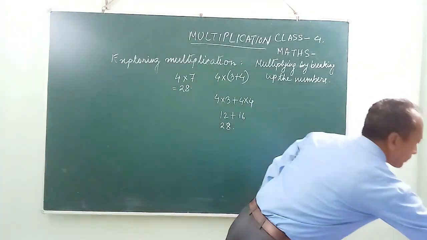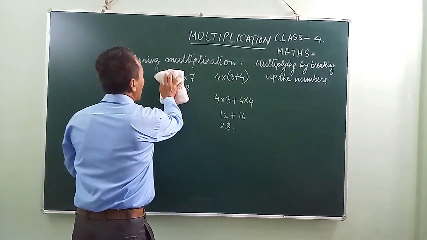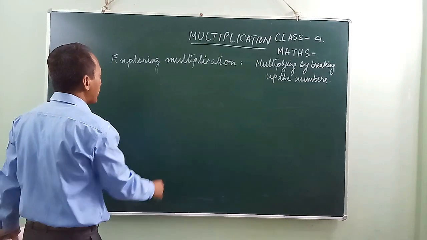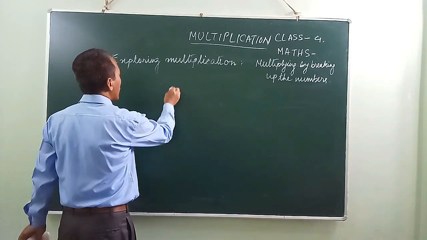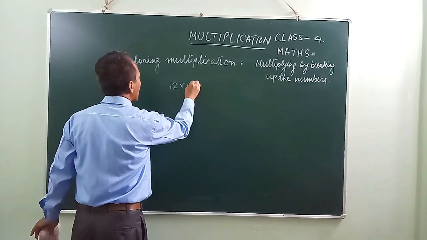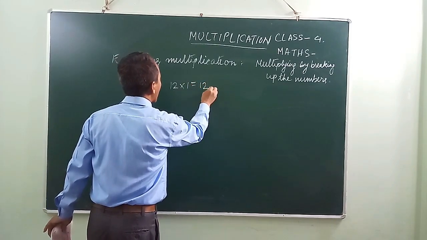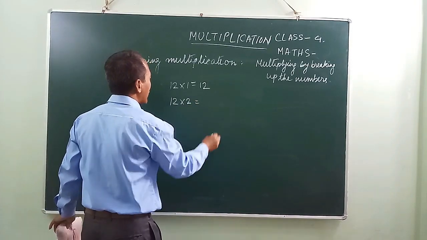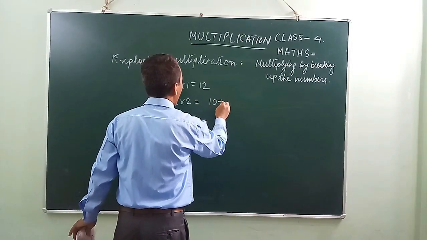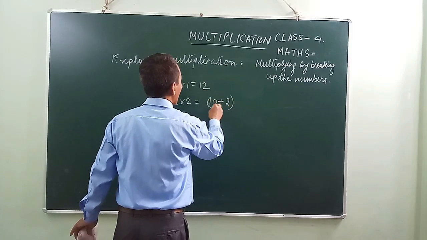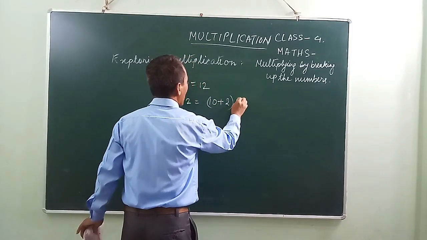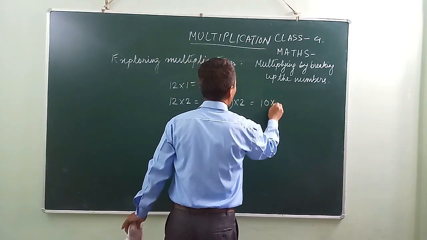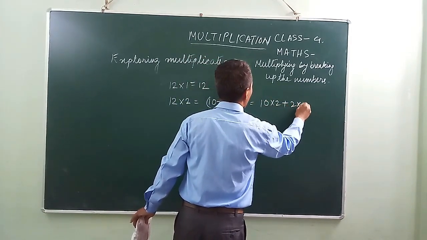For example, again, here is the multiplication table of 12. Let me give you an example. It is written in your book also. 12 into 1 is 12. 12 into 2, how they have done is 10 plus 2 into 2 is equal to 10 into 2 plus 2 into 2.